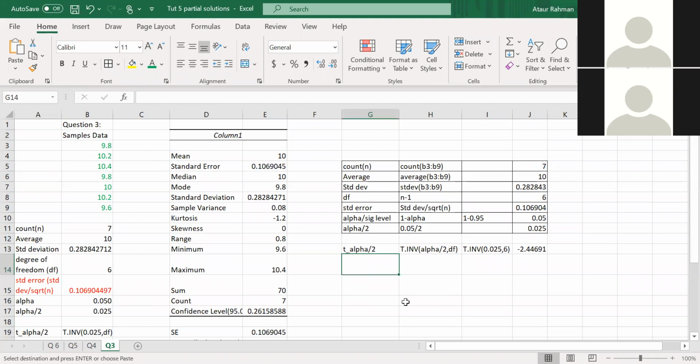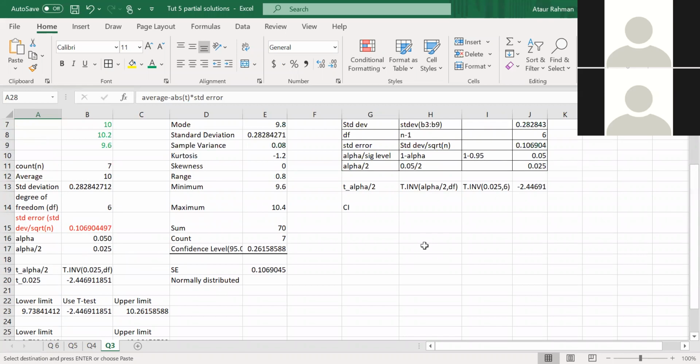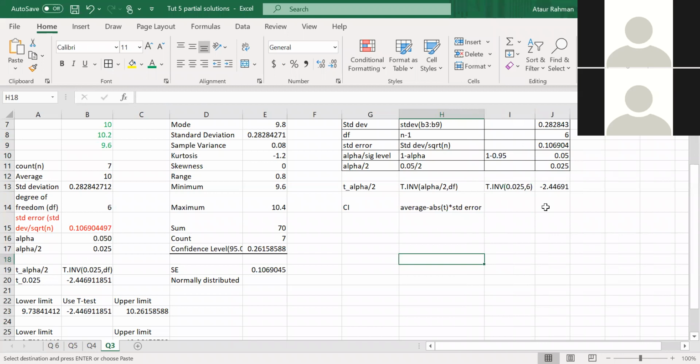So now we want to find out the confidence limits. So confidence interval here, confidence interval. So confidence interval equation is, let me copy it down from there. So this is our t value here.